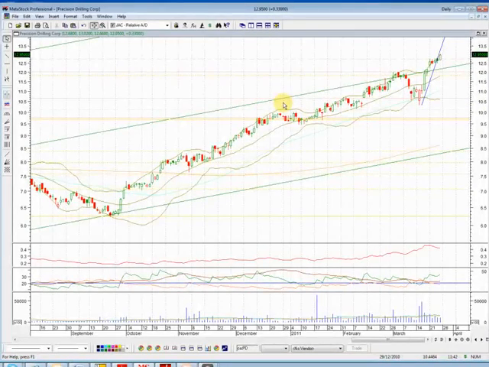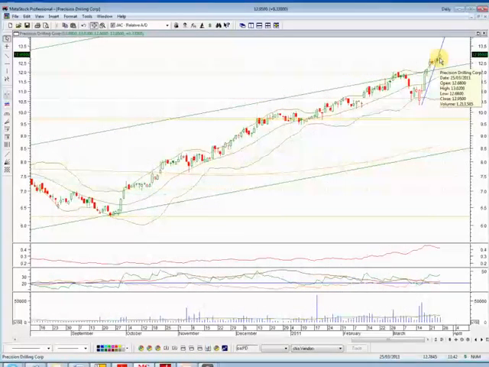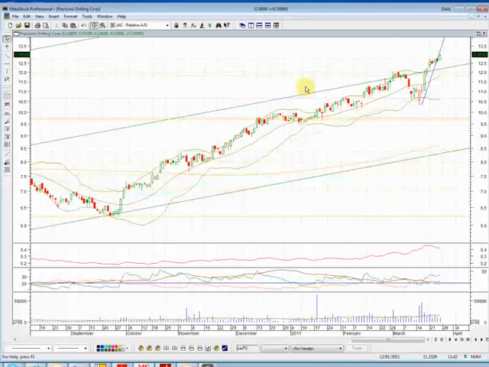It's not a good entry point, but the trade is already going, and it's very close to reaching the first target. So we are going to have a quite successful trade with that company.